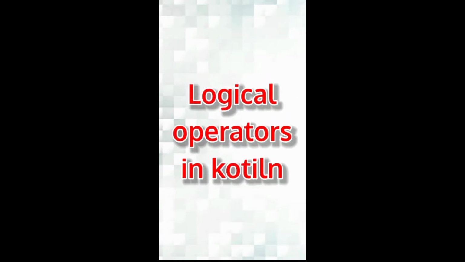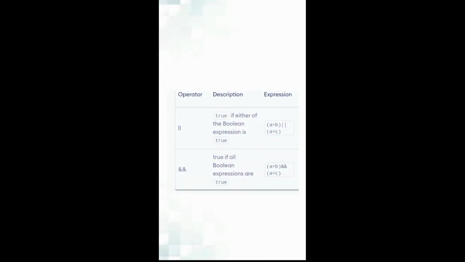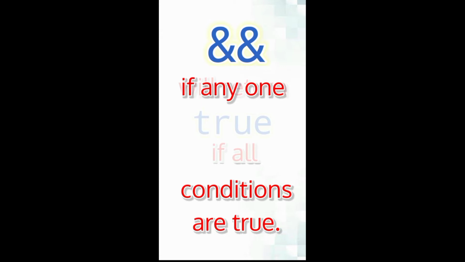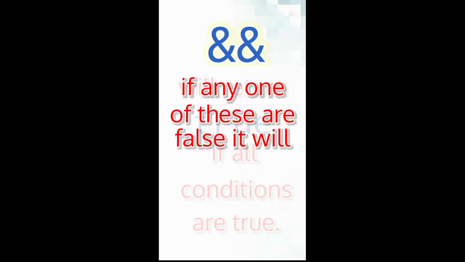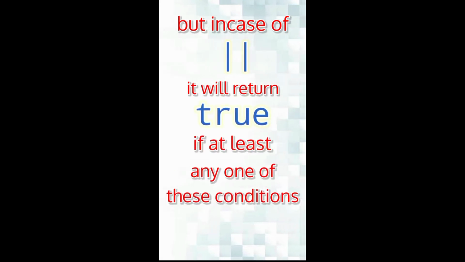Our next topic is logical operators in Kotlin. There are a total of 2 logical operators in Kotlin: and, or. So, and will return true if all conditions are true. If any one of these is false, it will return false. But in the case of or, it will return true if at least one of these conditions is true.